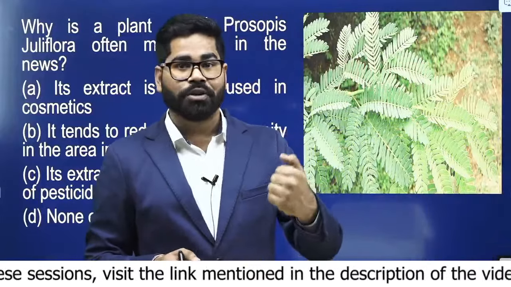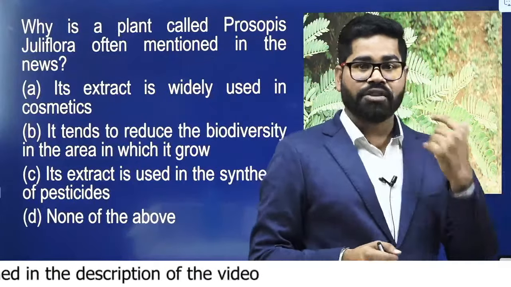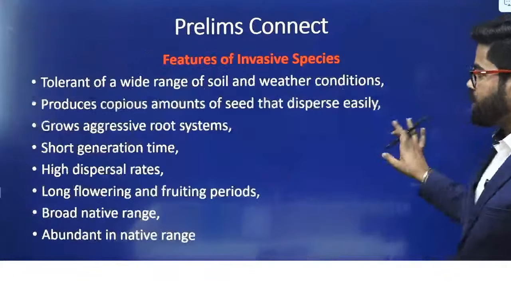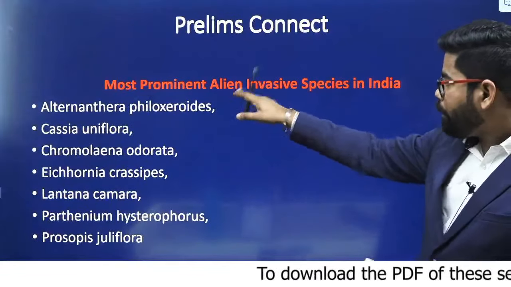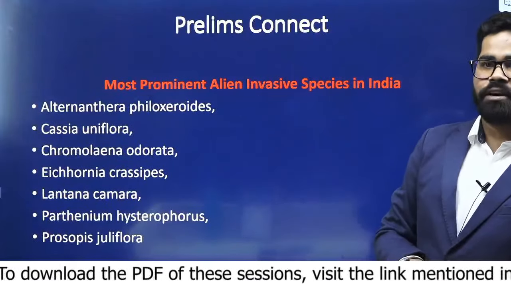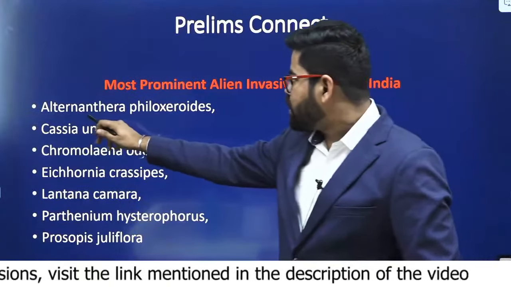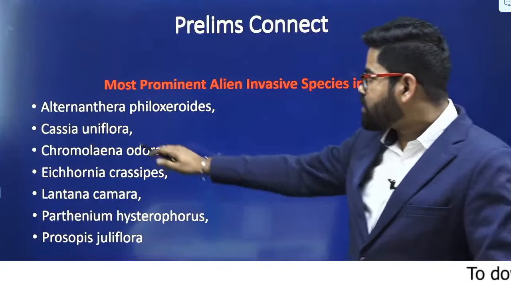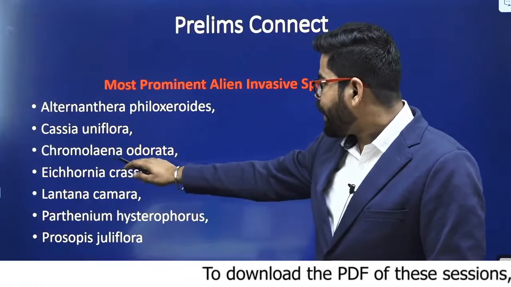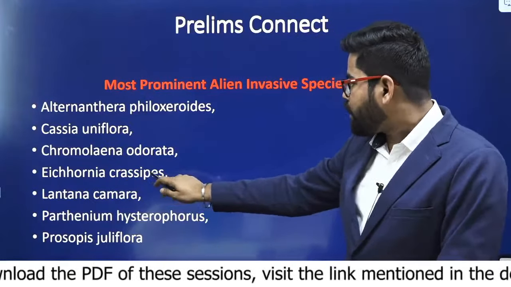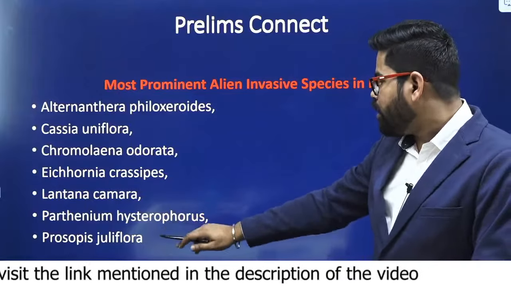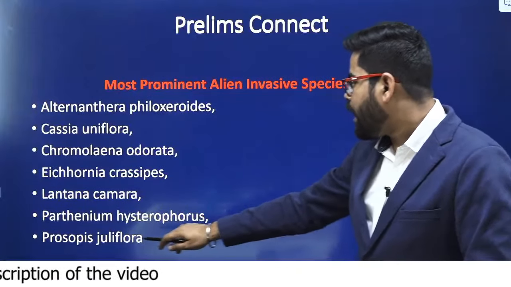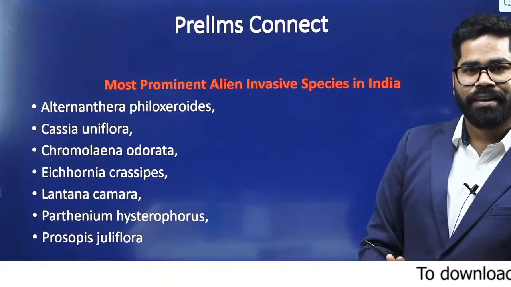Sometimes they can ask you about the implications. Sometimes they can ask you about the examples. Okay, see, we have the names of some prominent alien invasive species in India. One of them is Alternanthera philoxeroides, then Cassia uniflora, Chromolaena odorata, Eichhornia crassipes, Lantana camara, Parthenium hysterophorus, and Prosopis juliflora.